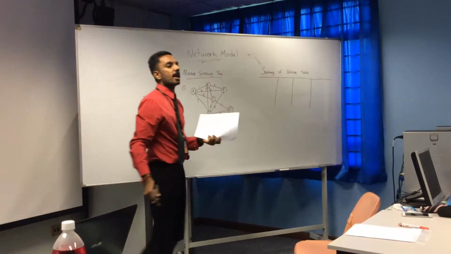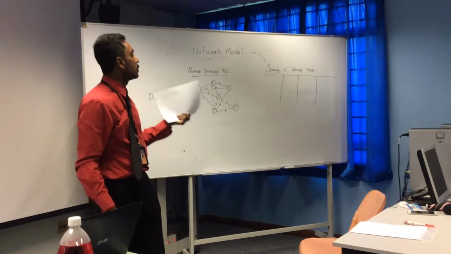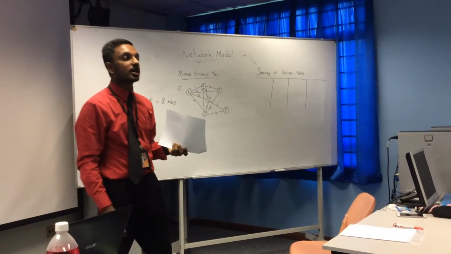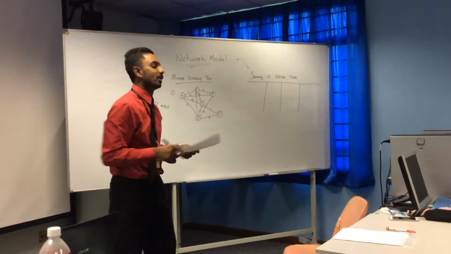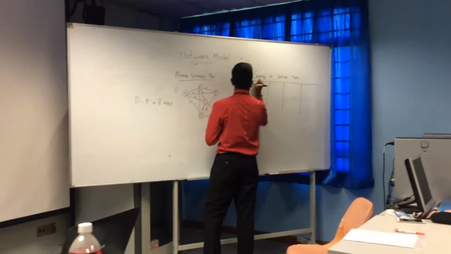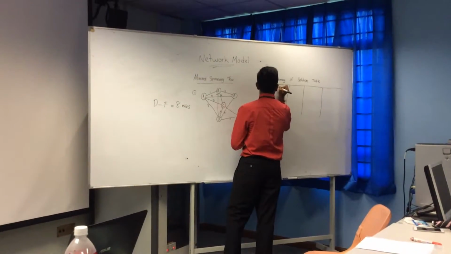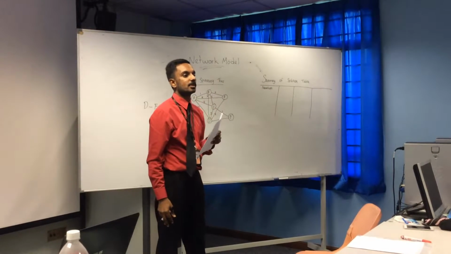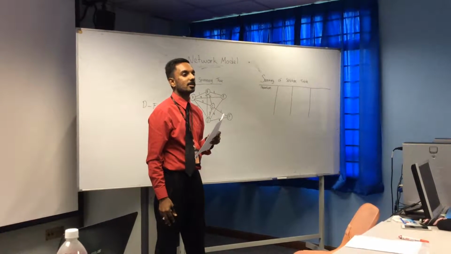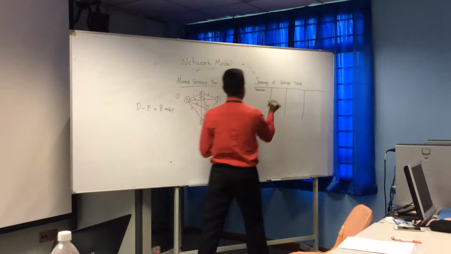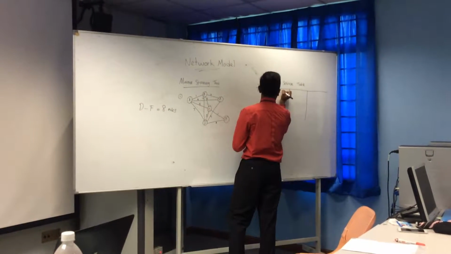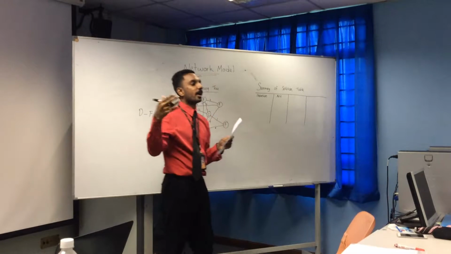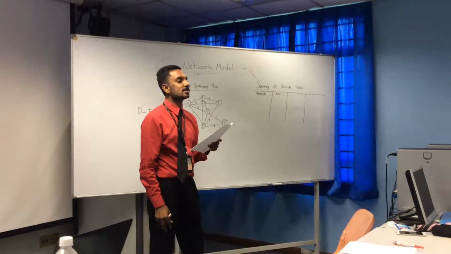Can someone tell me what are the 4 things that we have to include in the table? I already told you just now. Next, anyone? Any other volunteers?